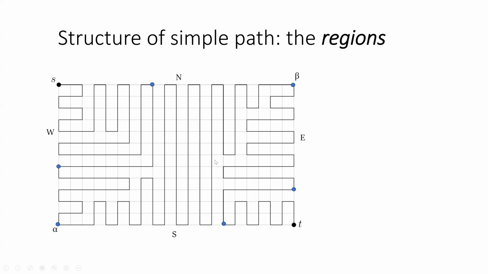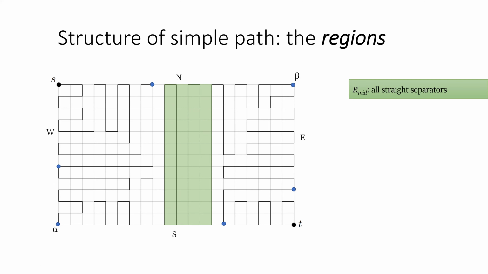So if we look at the straight separators, we'll see that all the straight separators appear consecutively on the path, and in this case they're occupying adjacent columns. We're going to see in the next slide that sometimes the straight separators occupy adjacent rows.